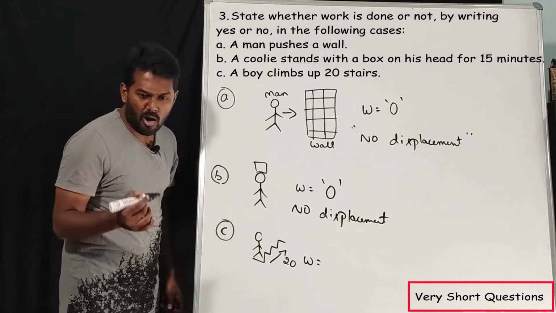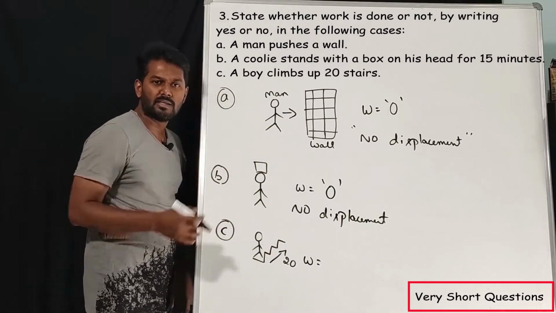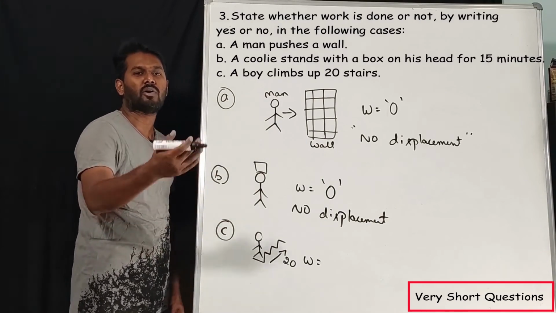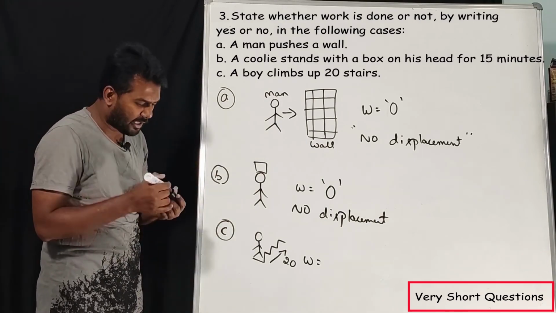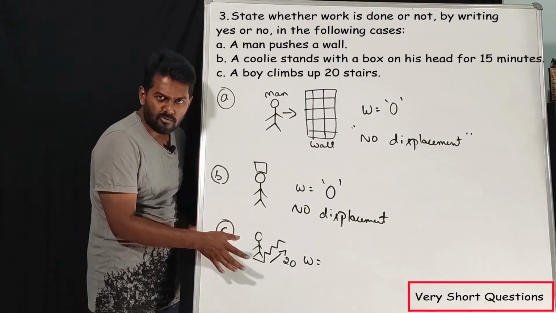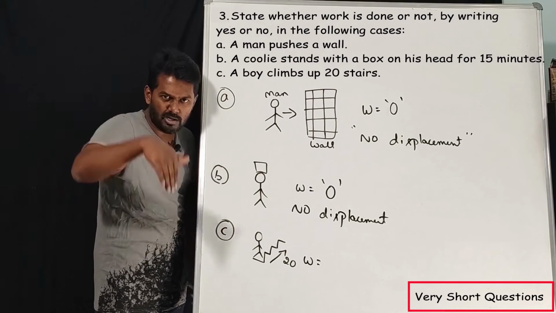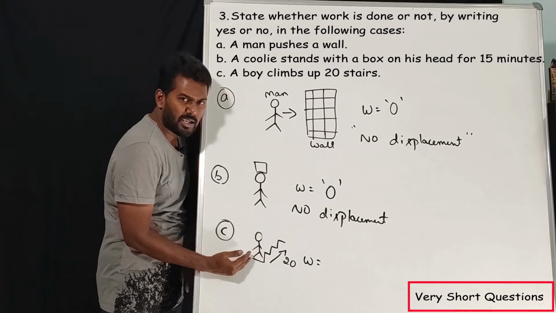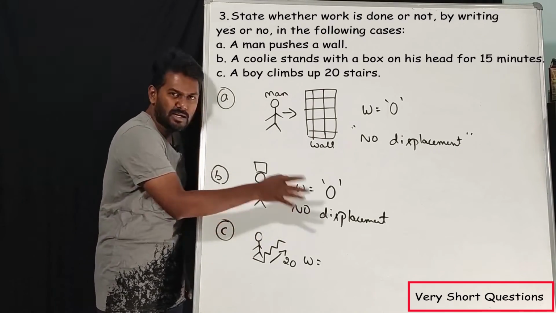Next, a boy climbs up 20 stairs. Assume a boy climbing stairs. It may be 20 or 40 or 100. He is moving, he is climbing, so he is applying some force. The force is the weight of the boy in the downward direction, and he is moving. So we have a force and there is a displacement.